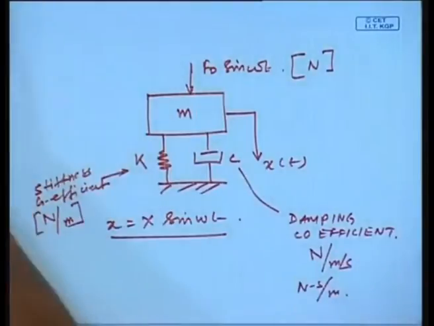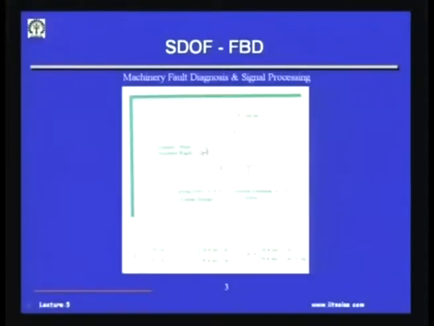So, the way these equations of motion are derived is, if there is a lumped mass given as m, and I have a forcing function F0 sin omega t, I will have a spring force which is a linear spring force, proportional to the displacement, and a viscous damping force proportional to the velocity.